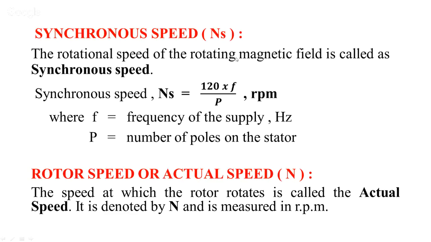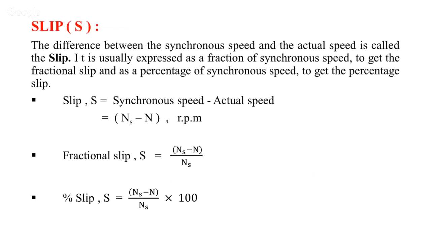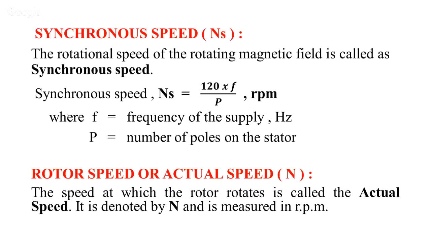Now where is this rotating magnetic field? It is set up by the stator windings. How is it set up? Because of the current flowing through the stator windings, a magnetic field is set up which is rotating in nature, and the speed of that is called the synchronous speed.